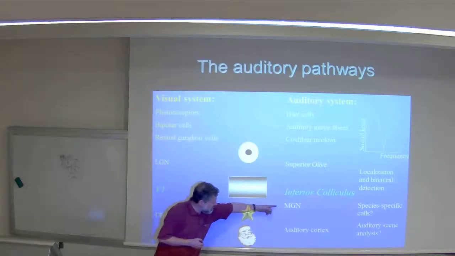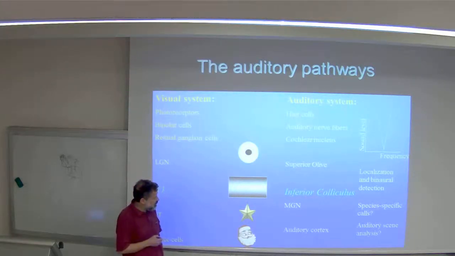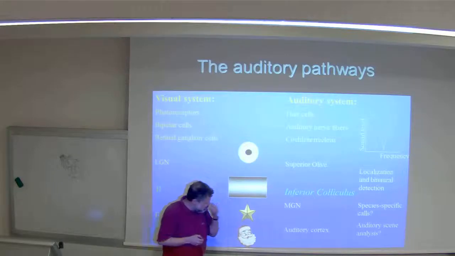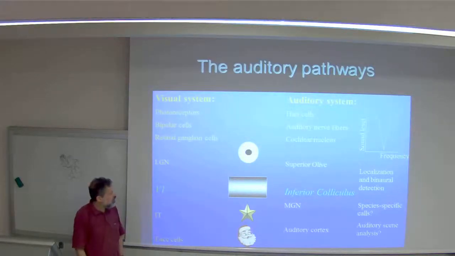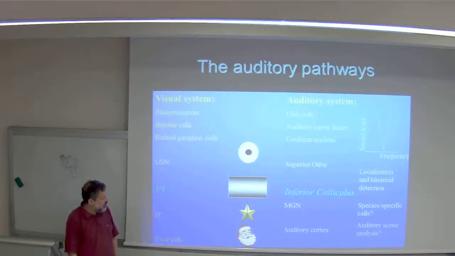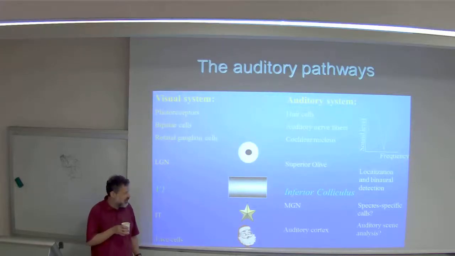the medial geniculate nucleus, which is the thalamic station, into auditory cortex. So just looking at this hierarchy, what I wanted to do is to give the feeling that auditory cortex is in a way a higher brain structure than V1.